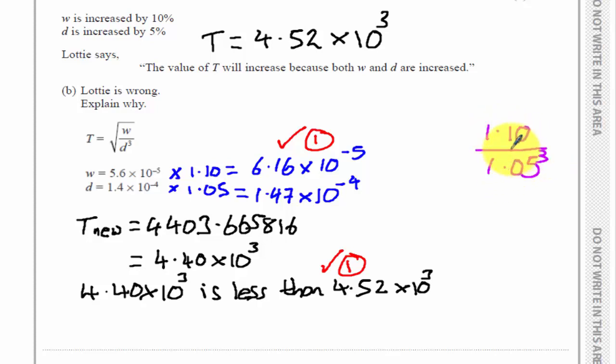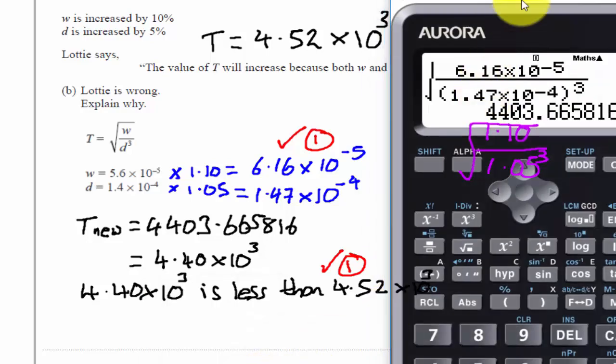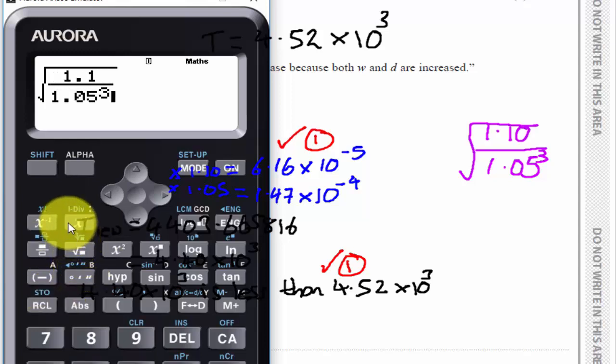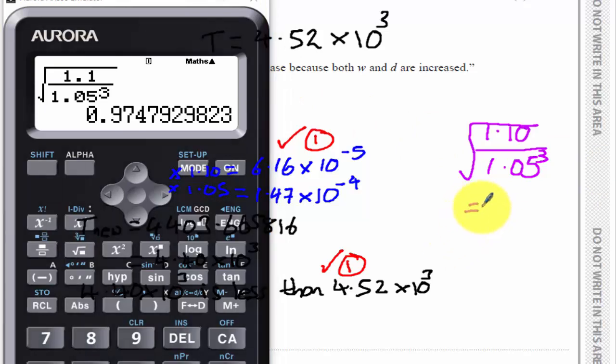W divided by D cubed, and I need to take the square root of that. If I do this sum here on my calculator now, square root 1.1 over 1.05 cubed, that comes in at 0.97.